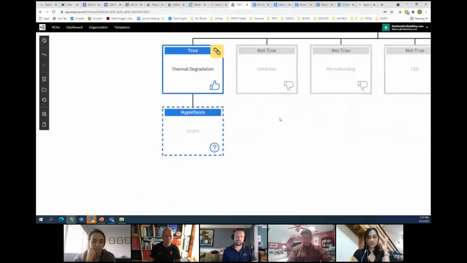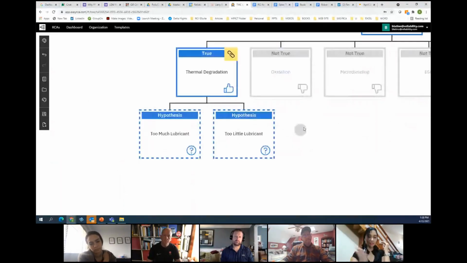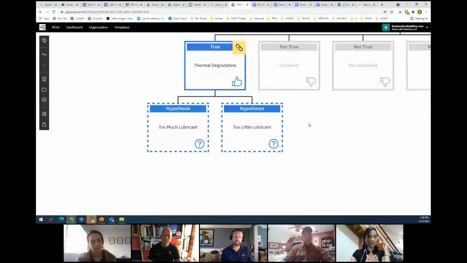Either you have too much lubricant or too little lubricant, because we're working the tree backwards and making sure that whatever we put here, we can read it back. So if we're saying too much lubricant because of thermal degradation, because of a lubricant degradation mechanism, because of an overload, then that has to make some certain sense. So either we have too much or we have too little.